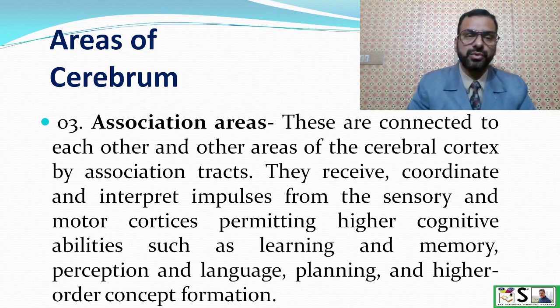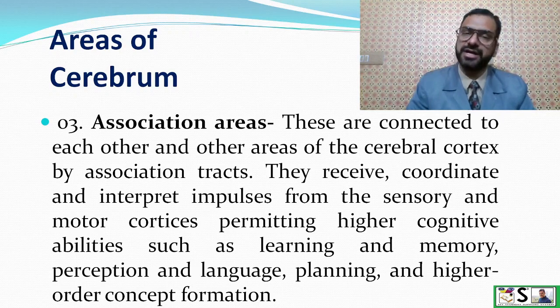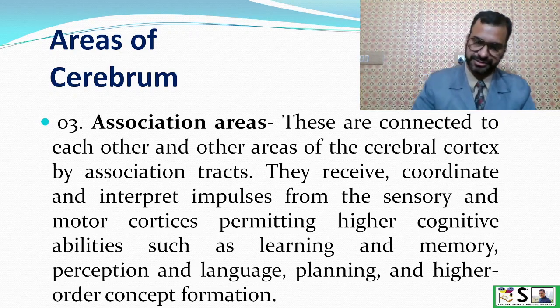They receive, coordinate and interpret impulses from the sensory and motor cortices, permitting higher cognitive abilities such as learning and memory, perception and language, planning and higher order concept formation.